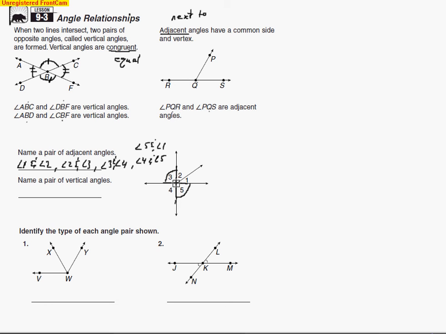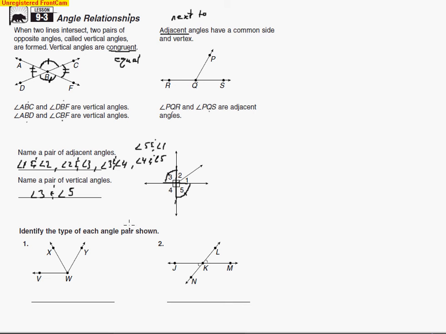See, they only share that vertex. That's the only thing they share. And those two are the same. So those are our only vertical angles here. Angle 3 and angle 5. So those are vertical angles.